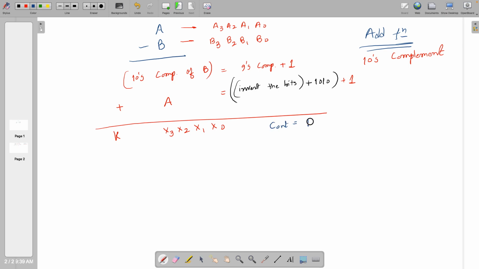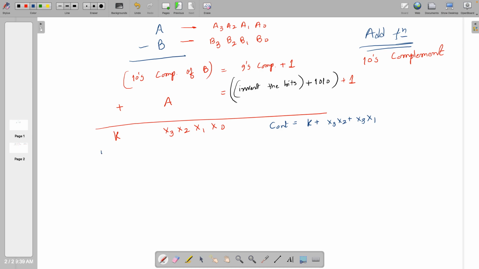C out is equal to K or x3 x2 plus x3 x1. So this function will tell you that this whole number is invalid and it's actually not in BCD. It is giving you some binary number which needs to be corrected. And how to correct it? If it is going beyond 9, you have to add the number 6.